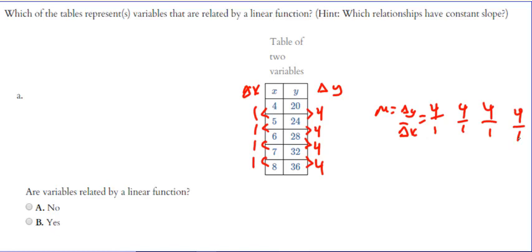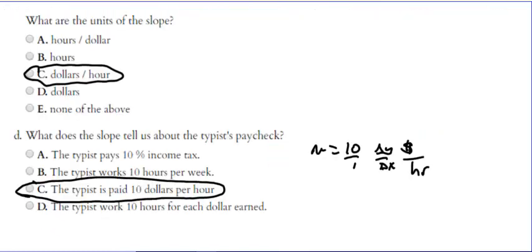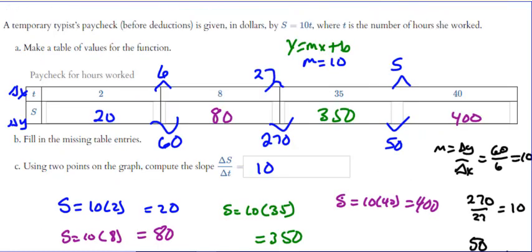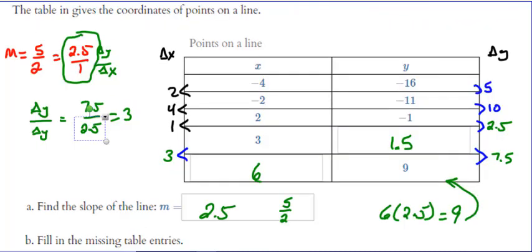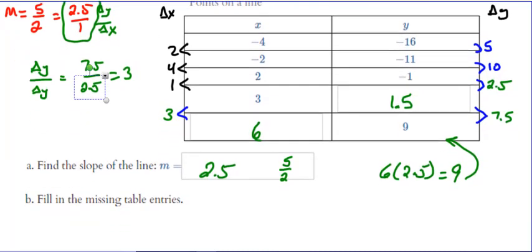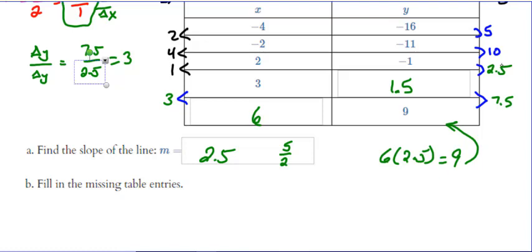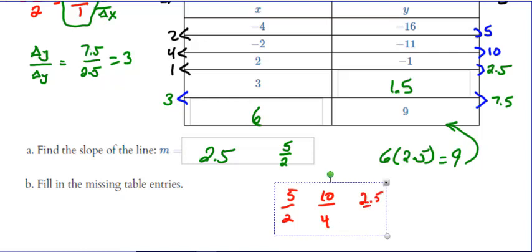Now, we did a problem right here. If you were to look, let me go back, you've got 5 over 2, 10 over 4, 2.5 over 1, 7.5 over 3.